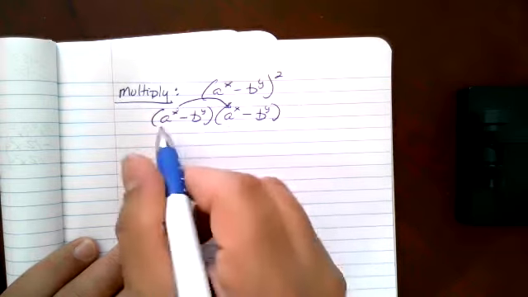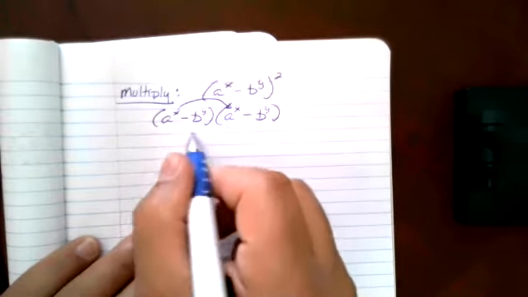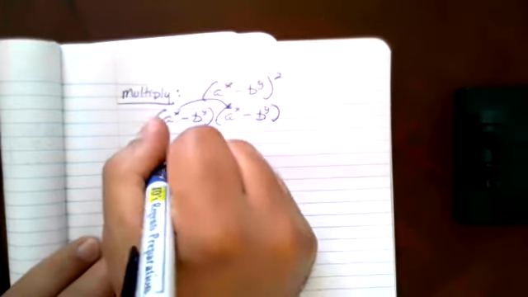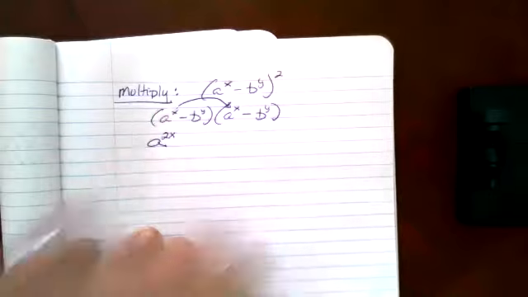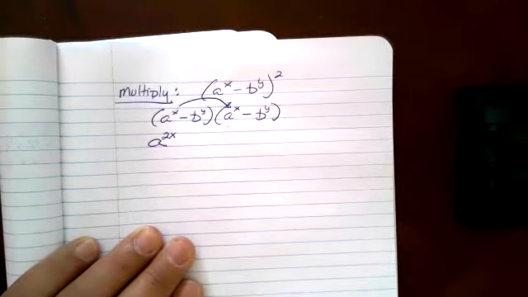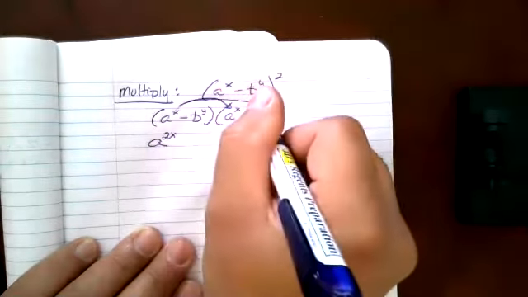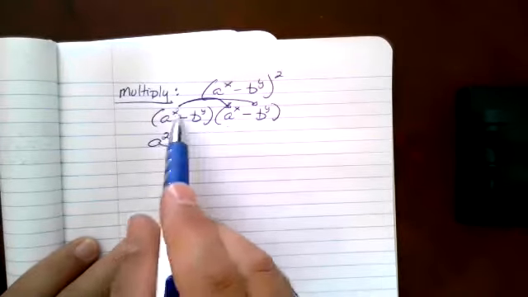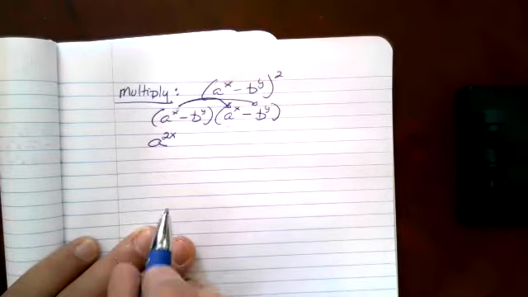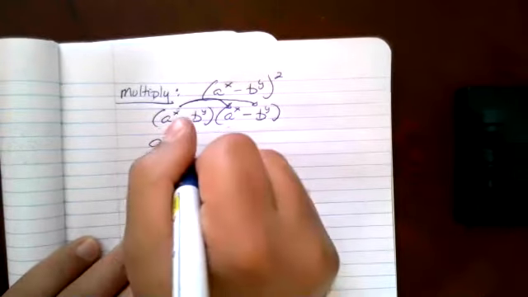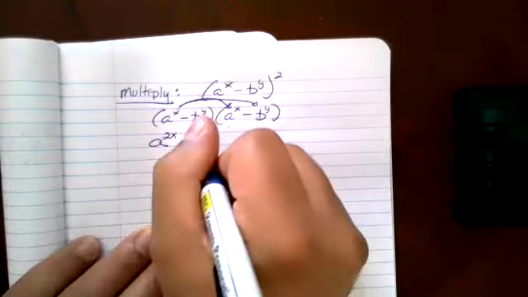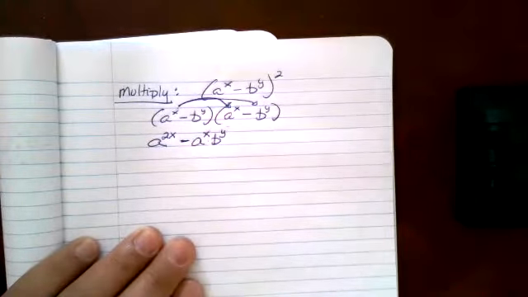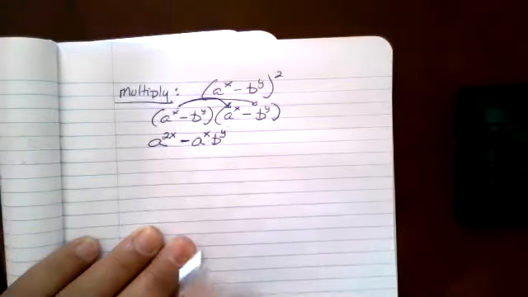I keep my base and I add my exponents. So I'm actually going to have 1x plus 1x. This is going to be a to the 2x. Here I have a to the x minus b to the y. Well, it's a positive times a negative, so it's negative. And a to the x times b to the y is just going to be a to the x times b to the y. We can't do much with that.